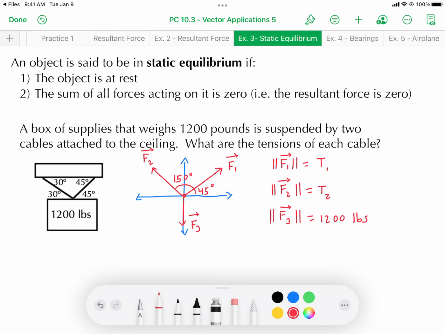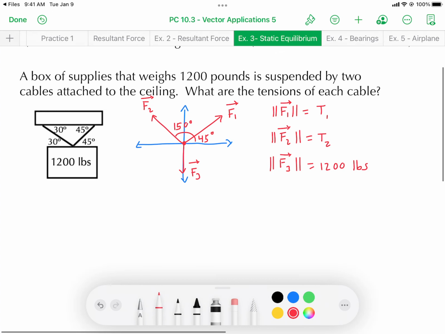All right, so those three forces acting on this box are pulling it in different directions, but the sum of those forces combined has to be zero in order for this box to stay still and be in equilibrium. So let's come up with components for the three vectors.